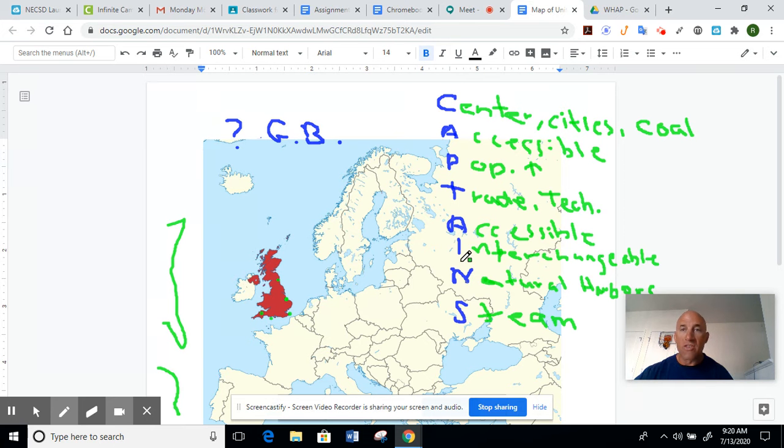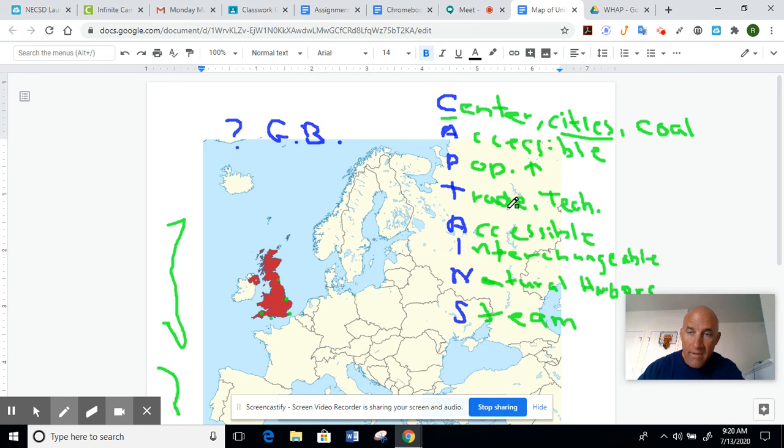This is just an acronym I thought of to help you remember why Great Britain was a center, and on a map, it was centrally located. You have the urbanization happening, cities. You have the access to coal. Because of its location, it was accessible to trade routes and natural resources. You had a population increase. Where were these people going? They were going to the cities to find jobs.